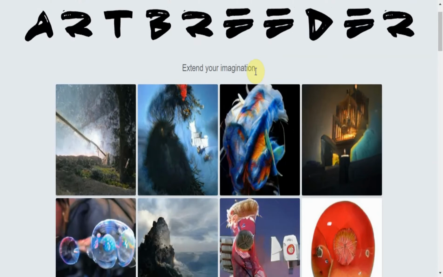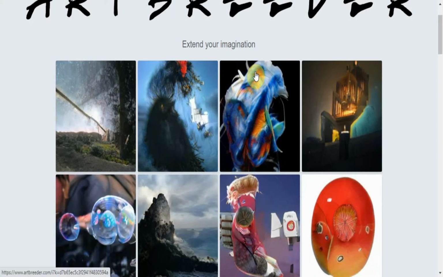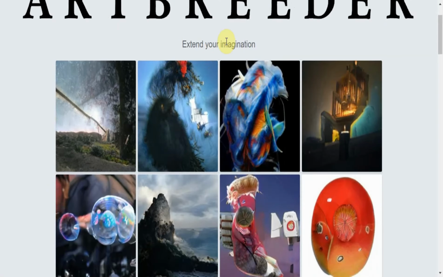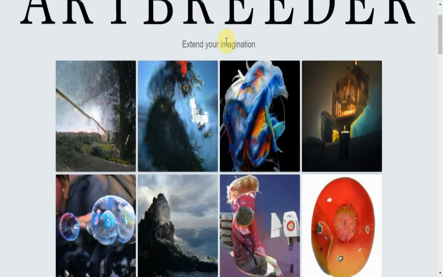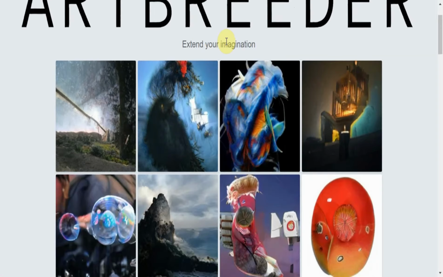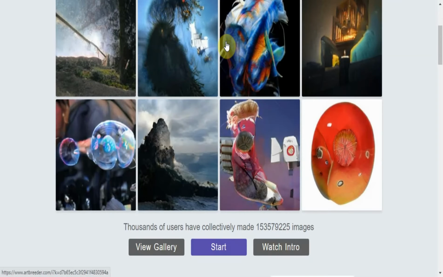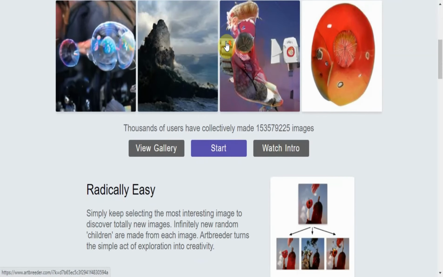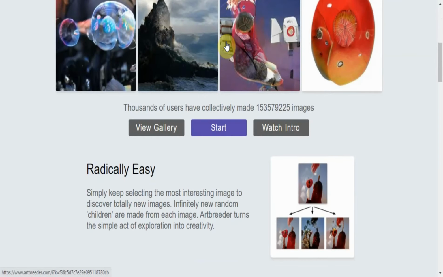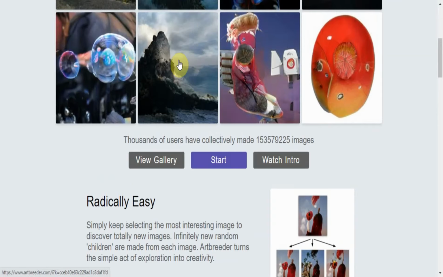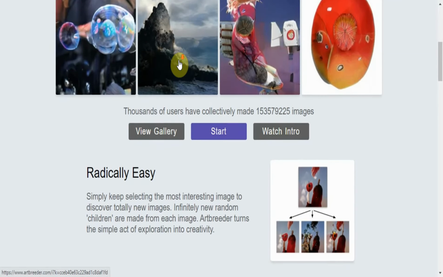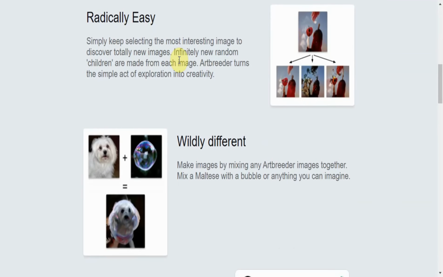Now, Artbreeder was built for you to extend your imagination, and simply what it is, it's like an art simulator that has 5 basic models. There's the portrait model, there's landscapes, so images like this, there's album covers, okay, there's anime style faces, and the last one is a general model.